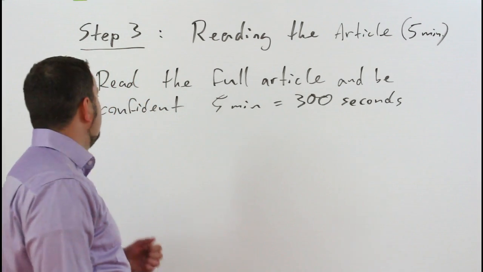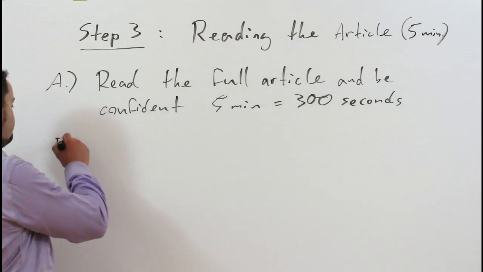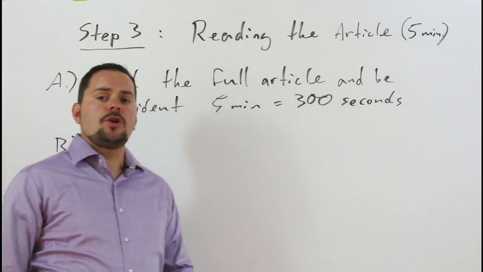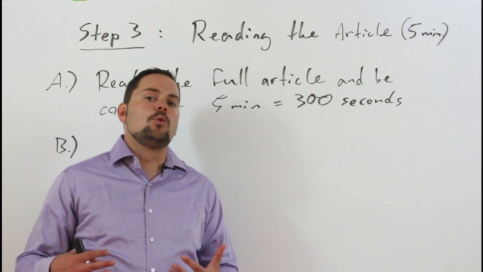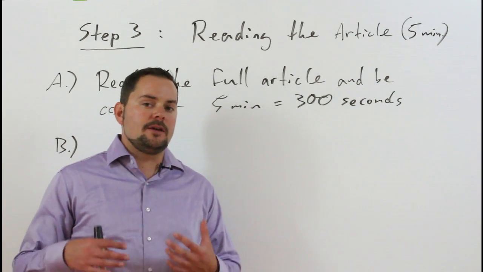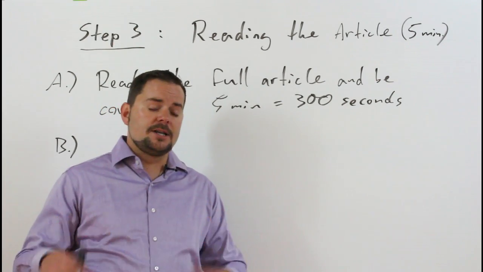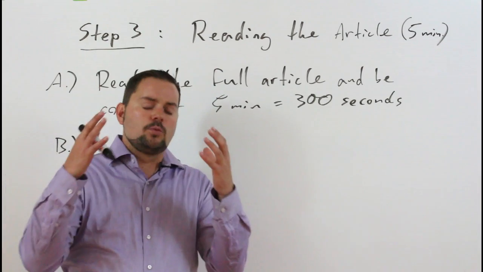Now, the second point to pay attention to as you're reading is try to see what you're reading. So as you're reading the information, when you're practicing at home, you can close your eyes and try to imagine what you're reading.